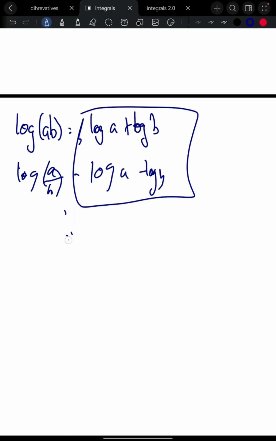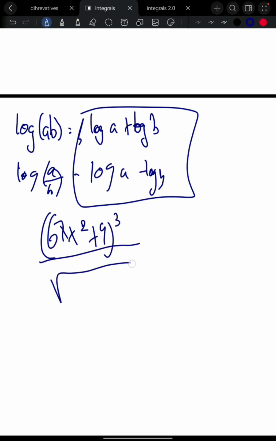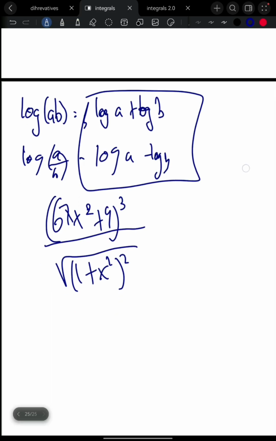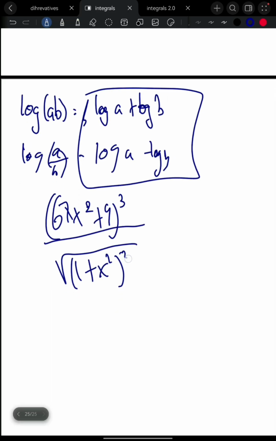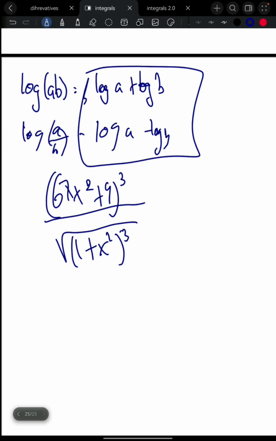The reason we take logarithmic differentiation, right, is let's say you have a complicated function like 6 times (7x squared plus 9) cubed divided by root of (1 plus x squared) squared. Okay, cube, fine. If you do it right now, it's gonna be complicated.